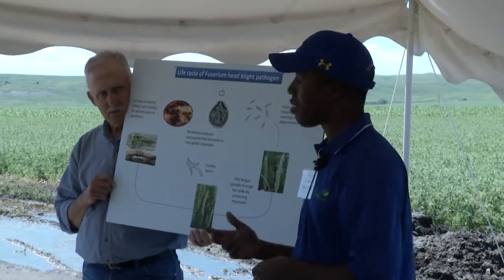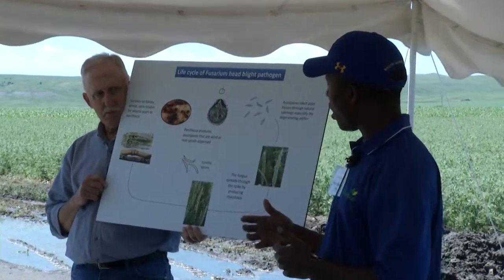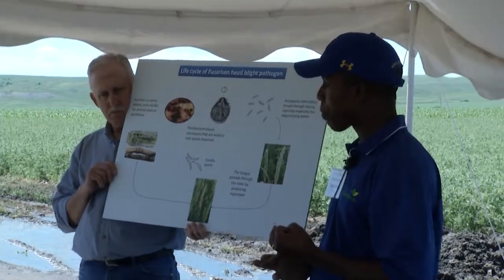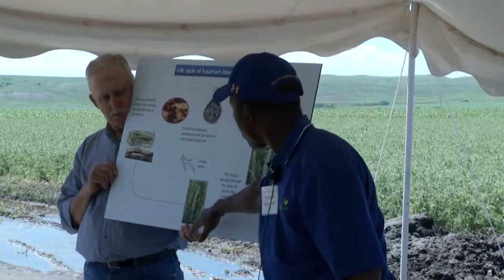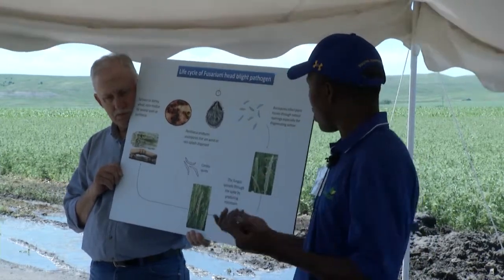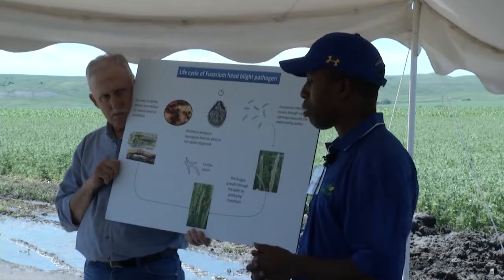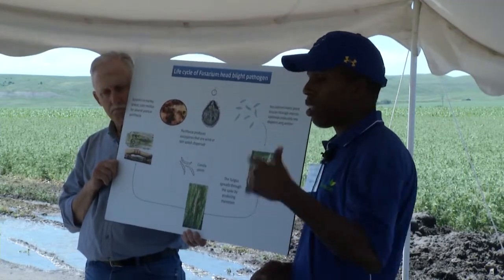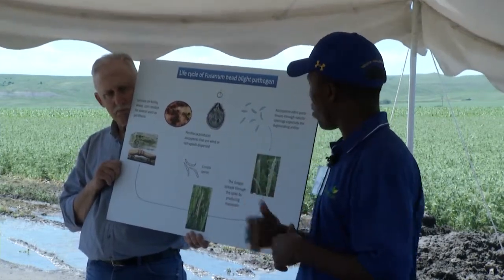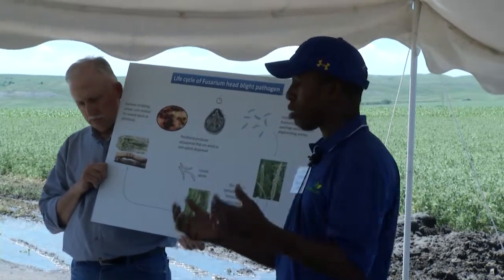a health hazard. Okay, so not only do you lose grain in the form of shriveled seed, like this whole bleached head is going to produce scabby, shriveled seed that does not weigh anything, but then you also have a danger of having a mycotoxin, and Bob will talk more about mycotoxins, especially in feed.